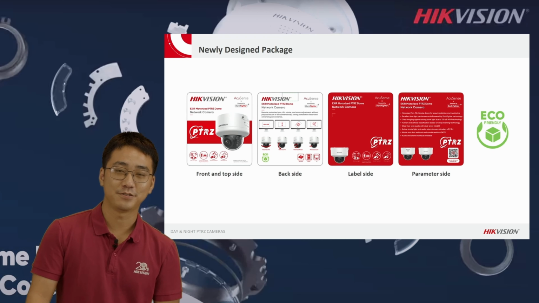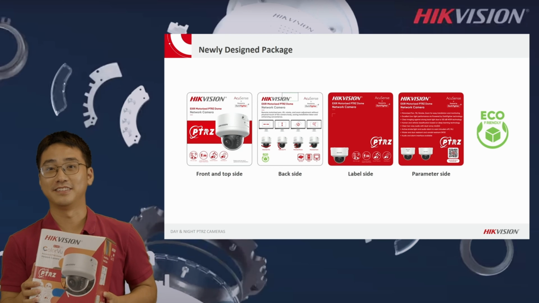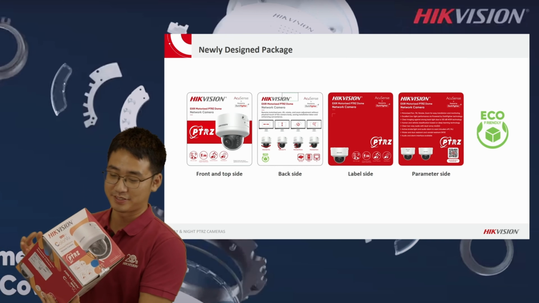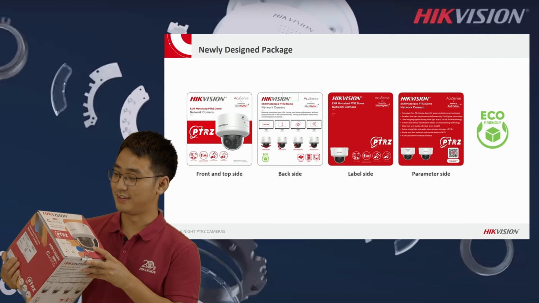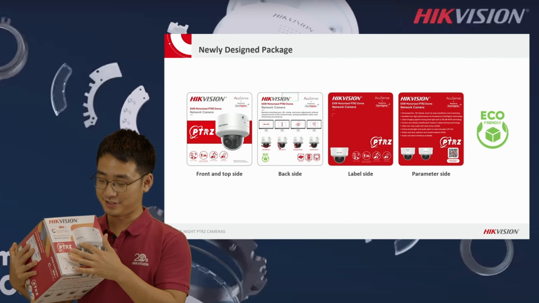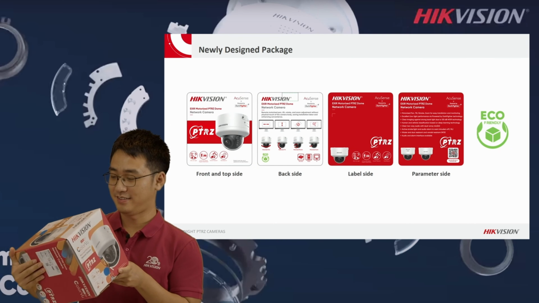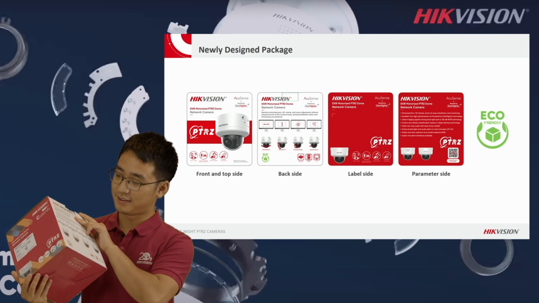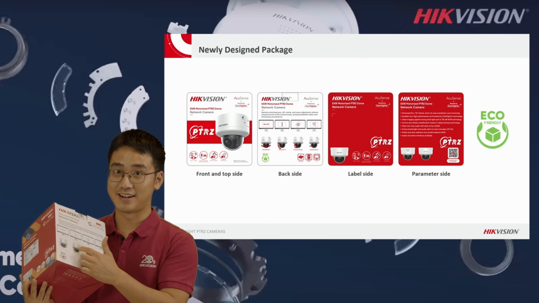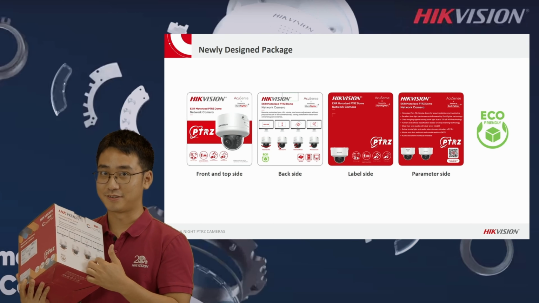As for the package, the PTRZ camera also applies the latest packaging design. As you can see, on the top surface, it adds more function icons, highlighting the features of PTRZ. And the back side explains the principles of PTRZ and how to install it.